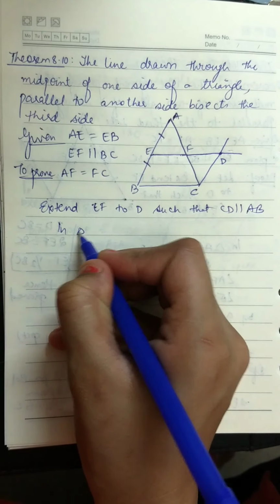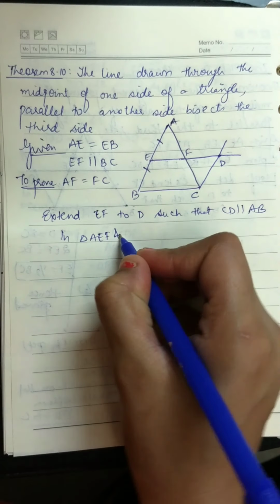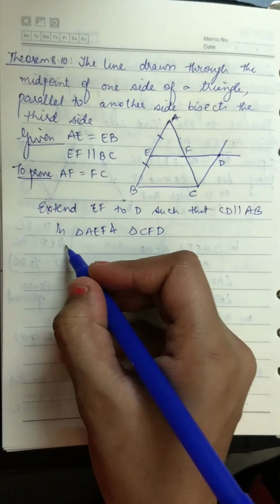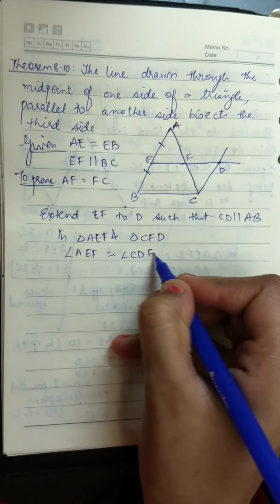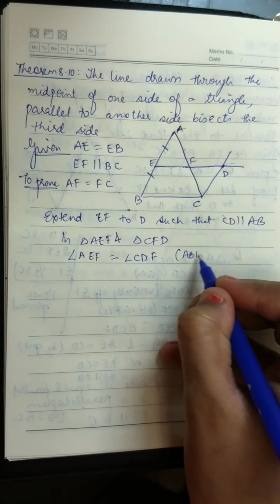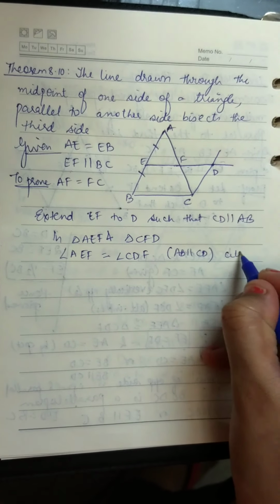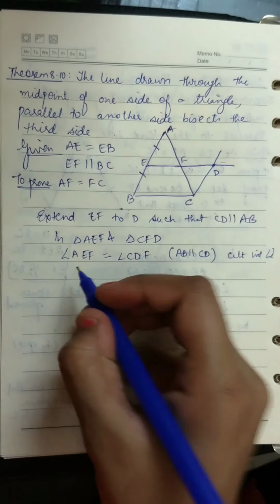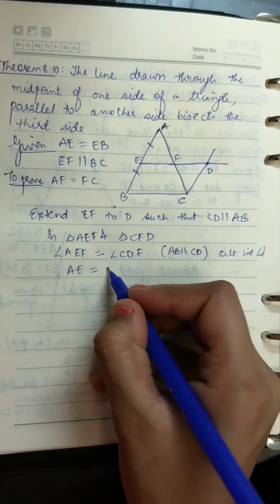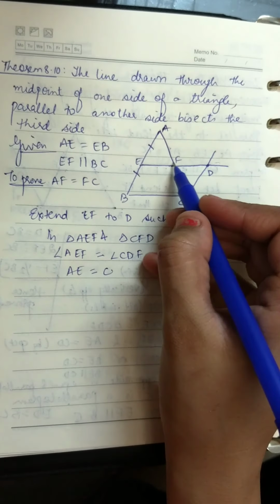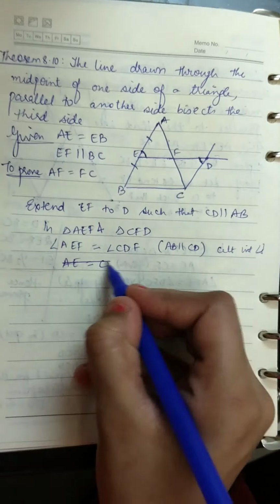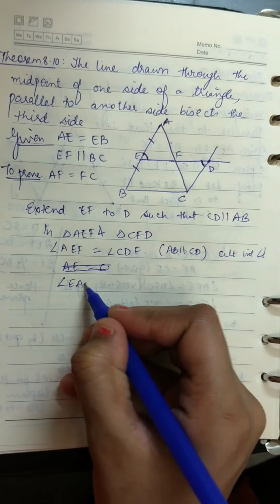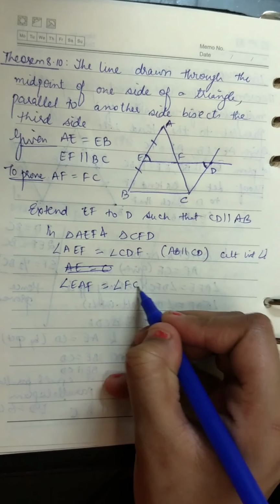Now consider triangle AEF and triangle CDF. Angle AEF is equal to angle CDF because AB is parallel to CD. So these are alternate interior angles. AE is equal to CD. This angle is equal to this angle. Angle EAF is equal to angle FCD.